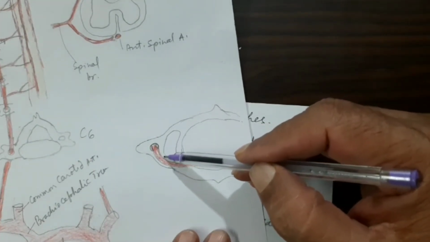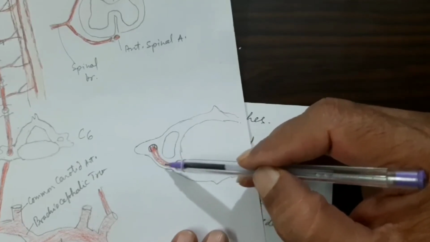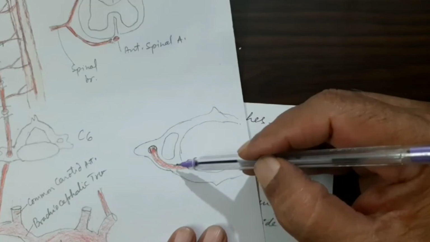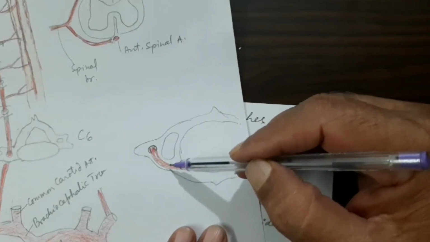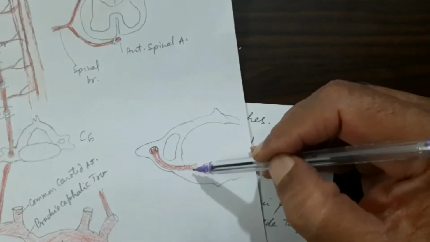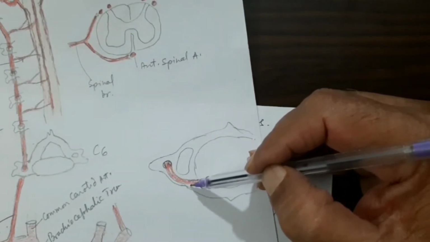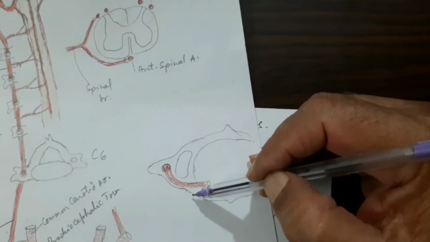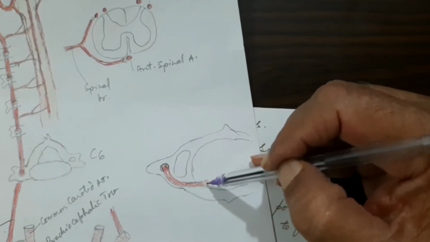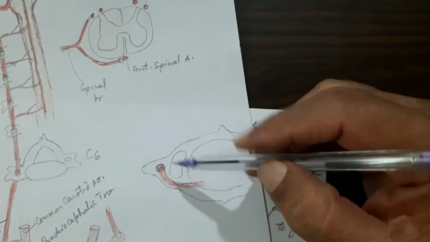First, it will lie posterior to this articular mass, which is called the lateral mass of the atlas, and then it will lie on the superior surface of the posterior arch of the atlas, and then this artery will leave the triangle. At this level there will be the occipital triangle.